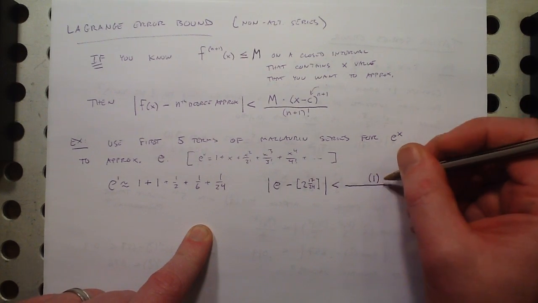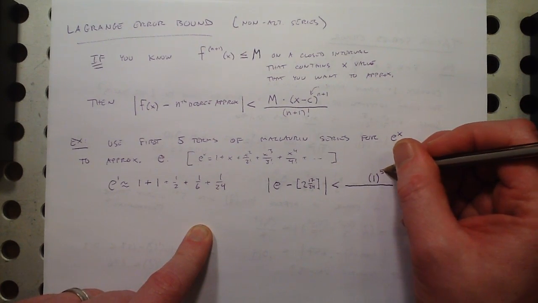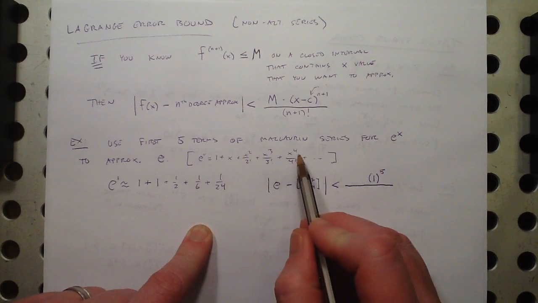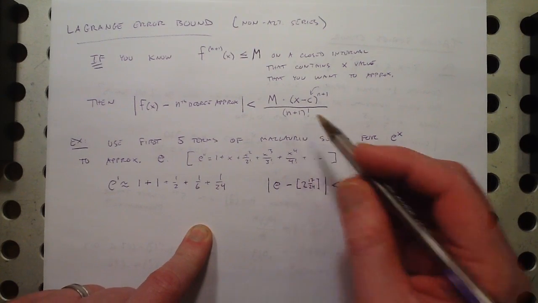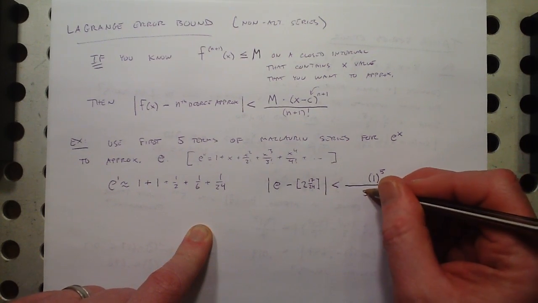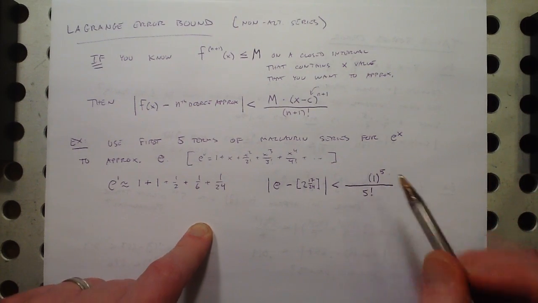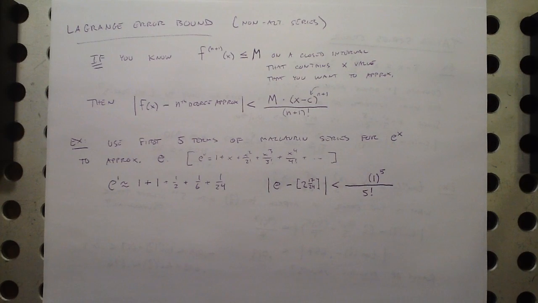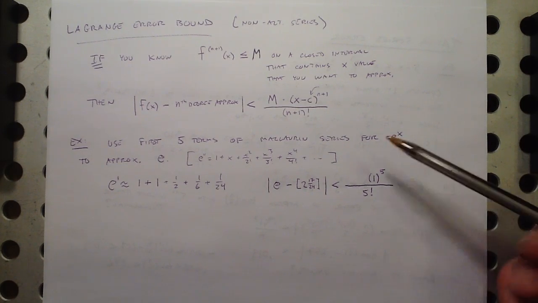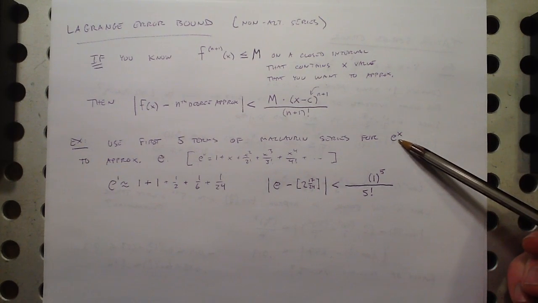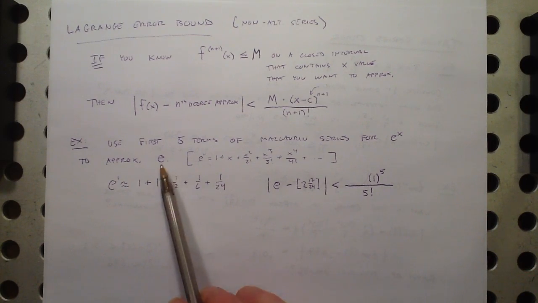So that to the 5th power, right, I used the 4th degree approximation, so that's 5th power over 5 factorial. And then the question is, what do I put here? Do I know some kind of maximum value for the 5th derivative of e to the x on an interval that contains x equals 1?